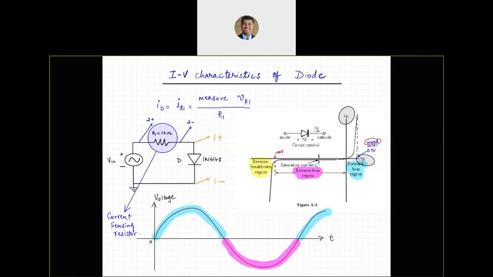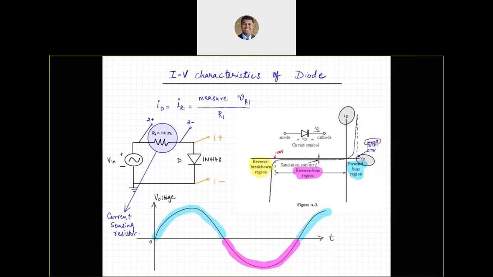In our case, we are going to have to identify which one is the positive, or the anode, and which one is the negative, or the cathode, because before putting the diode into our circuit, we better know the direction of allowed current. If we want current to flow in one direction, we have to orient our diode appropriately and then put it in our circuit.